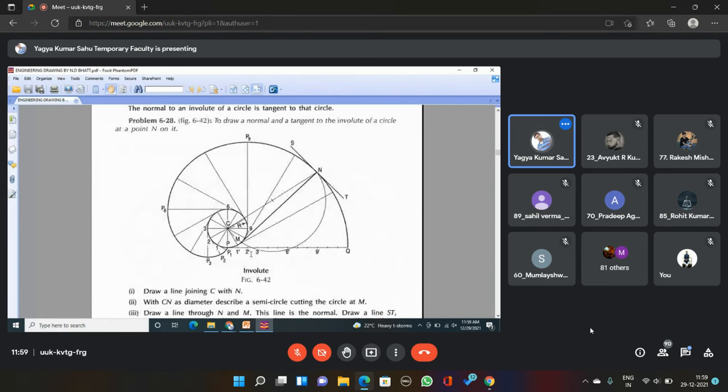You can see this one. This is the involute of a circle. Easy? Will it be made? Yes, sir. Awesome.